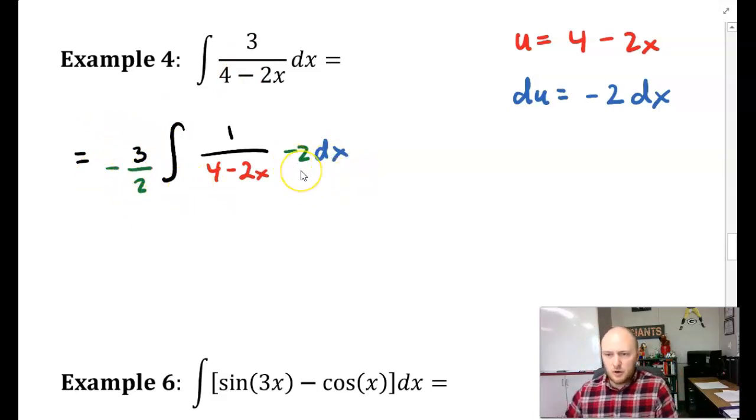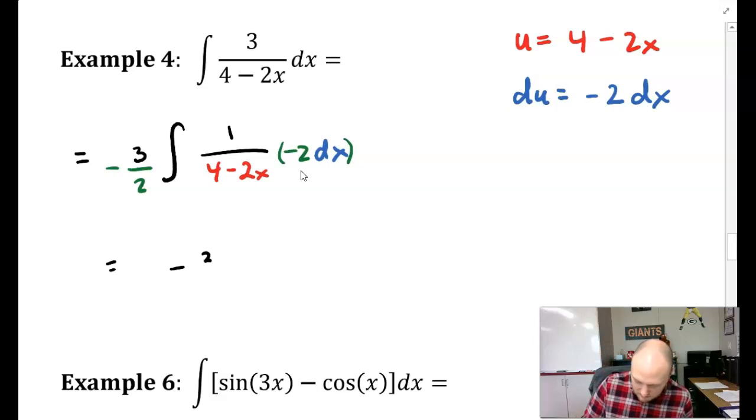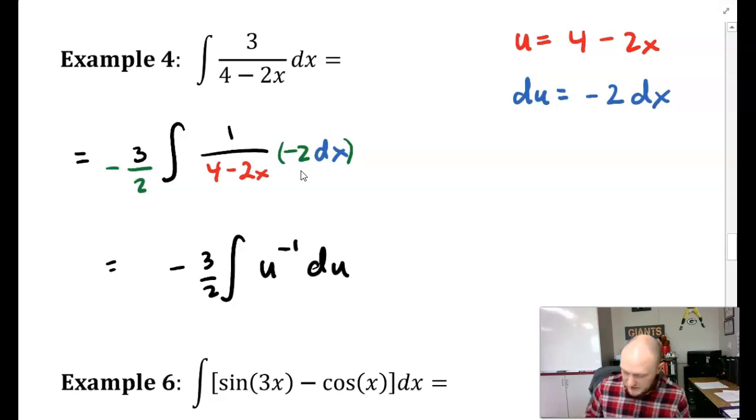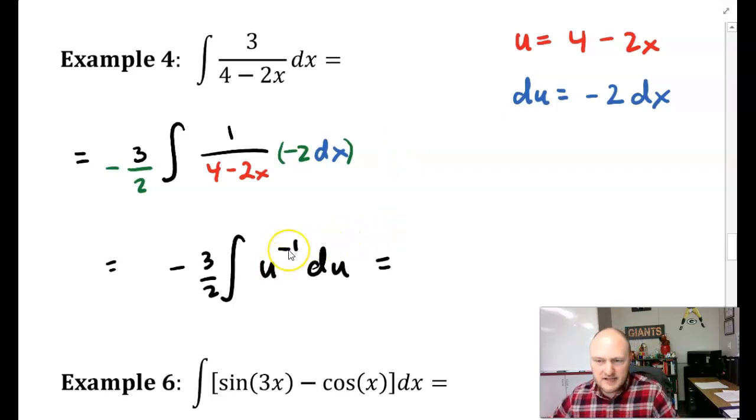Okay, so there is my setup, and now I'm going to make this swap. So negative 3/2, the integral of 1 over u, that's just u to the negative first, du. And the integral of u to the negative first, if you're thinking power rule, that negative 1 becomes a 0, and you divide by 0, which is not allowed.